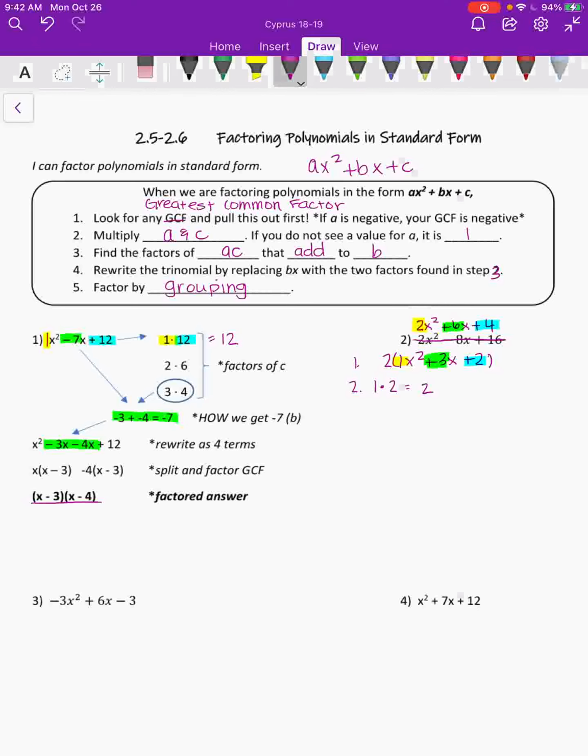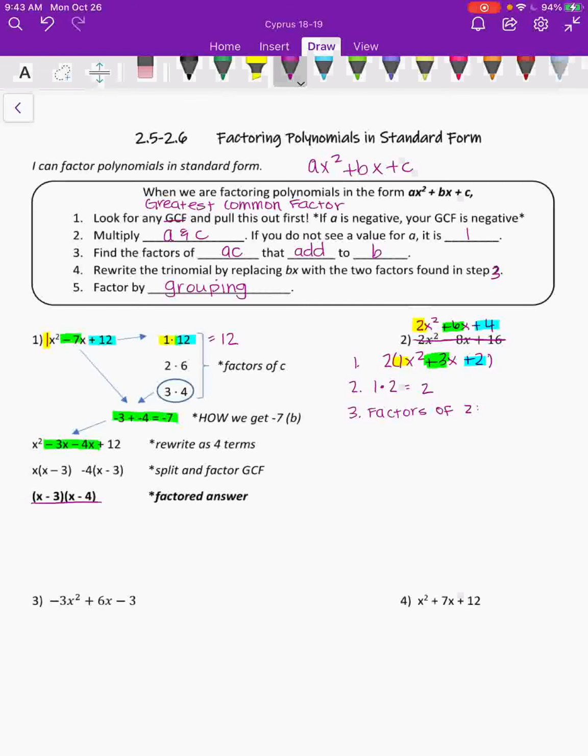That was step 2. Step 3. Find the factors of AC, which we found out was 2, that add to B. Well, what are the factors of 2? Whoops, I forgot to write down what I was saying. Factors of 2.